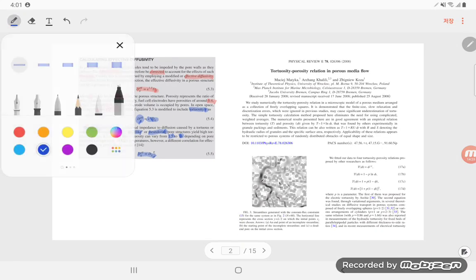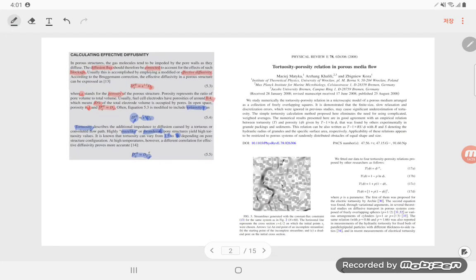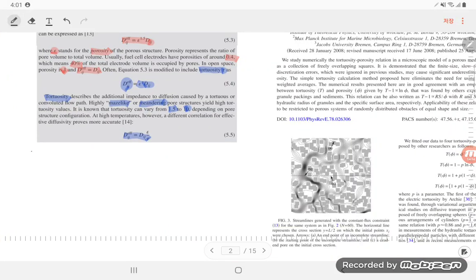And let's see, what is the porosity? If there is open space, then the porosity is 1. Porosity is denoted by epsilon here.